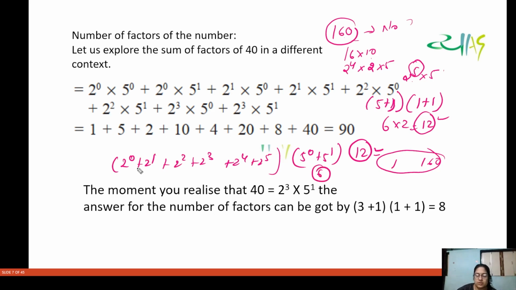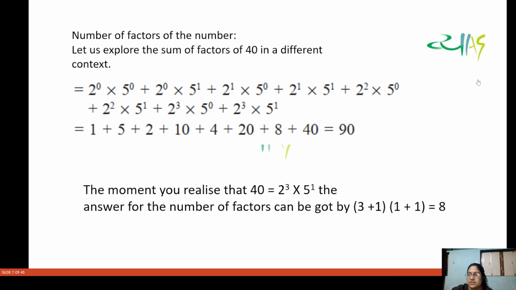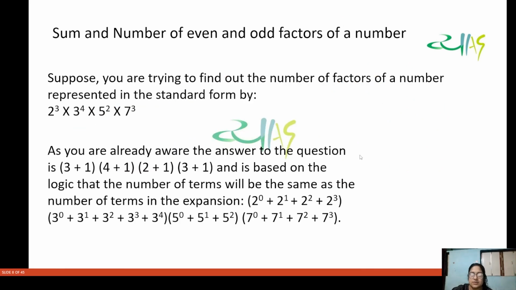For the other, this will be 32 plus 16 plus 8 plus 4 plus 2 plus 1. So add all this, multiply, and you will get the sum of factors of 160.